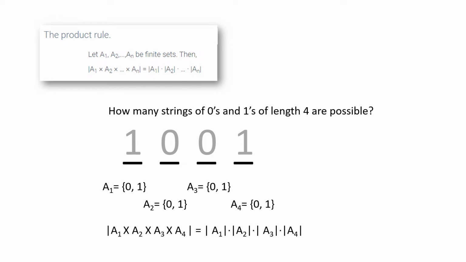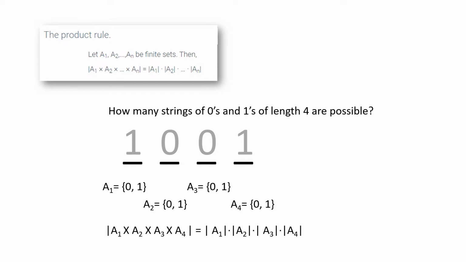So we're just going to be trying to find the number of elements in that cross product, and we could use the product rule that says the number of elements in that cross product is equal to the product of the magnitudes of each of those sets.